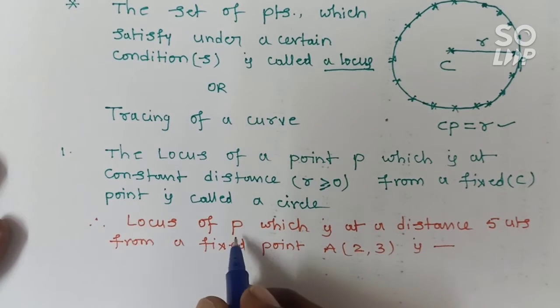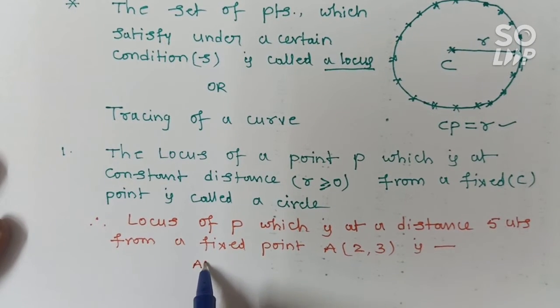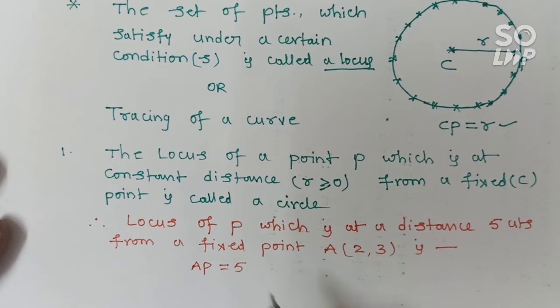Here the distance AP equals 5 units. So AP equals 5 units.